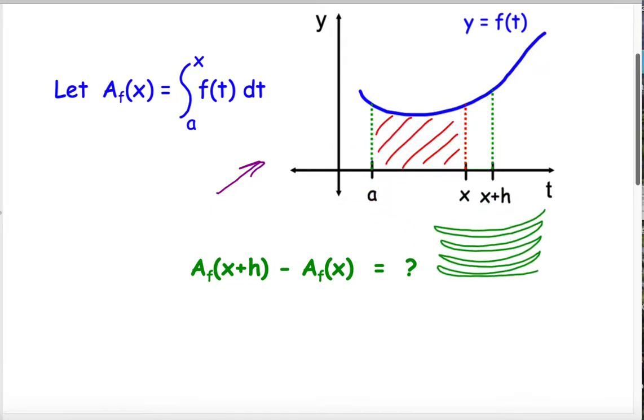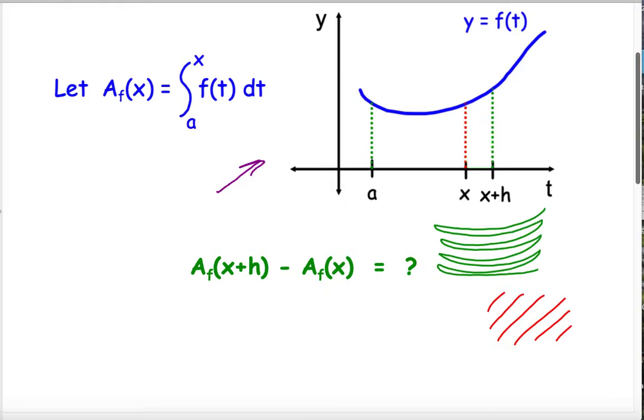So I want to take the green amount minus the red amount, and what that's going to leave me with is, let's do it in, how about purple? That's going to leave me with this area right here. And so that's what this expression represents, this thin amount here.